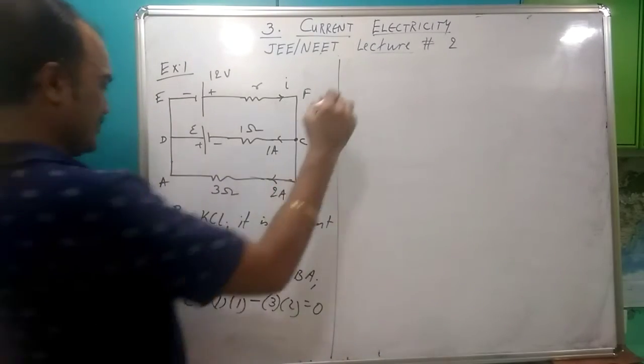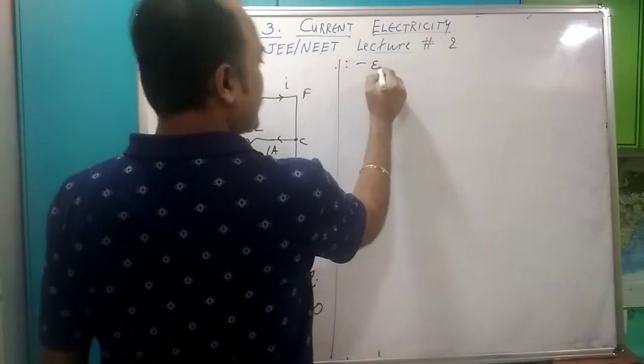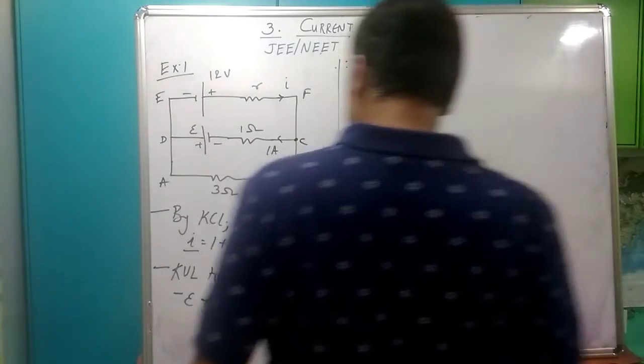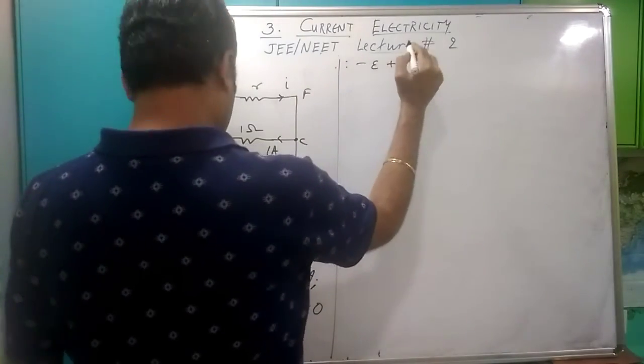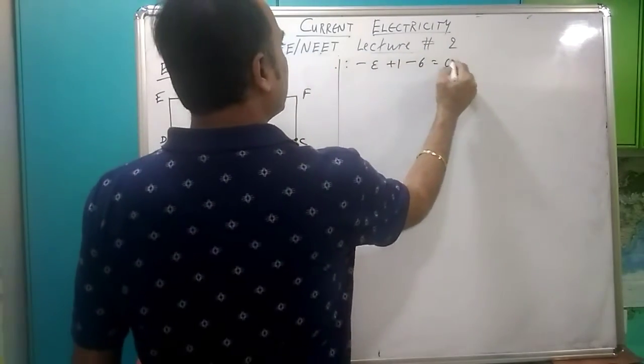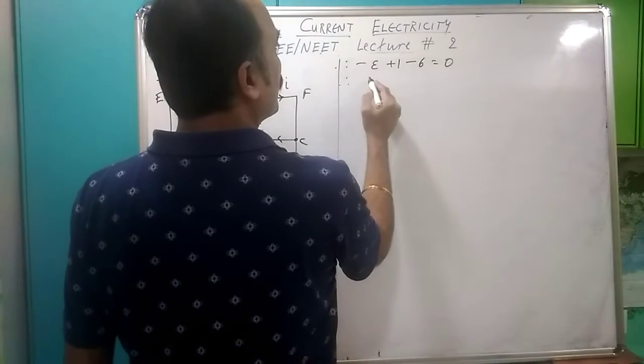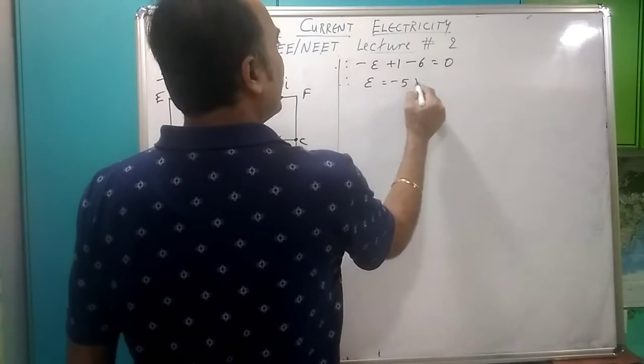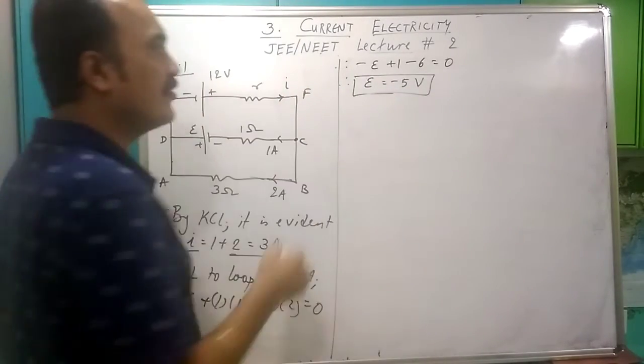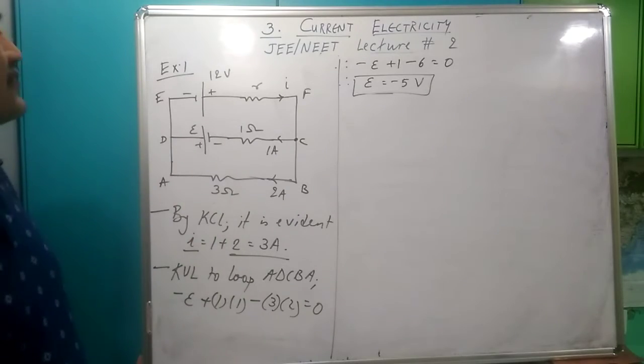I think we are having answers right now. So minus epsilon plus 1 minus 6 is equal to 0. Oh, so epsilon goes there. We got epsilon is minus 5 volt.